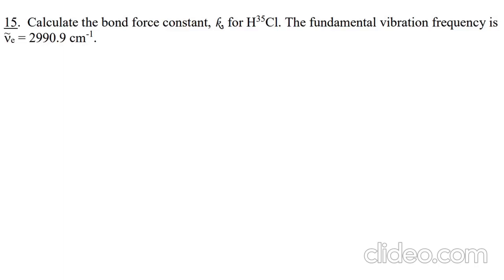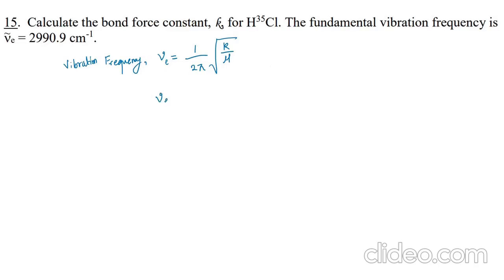From all of this, we remember only one equation: if it is frequency nu, then it is 1 by 2 pi square root of kappa by mu, which is the reduced mass.